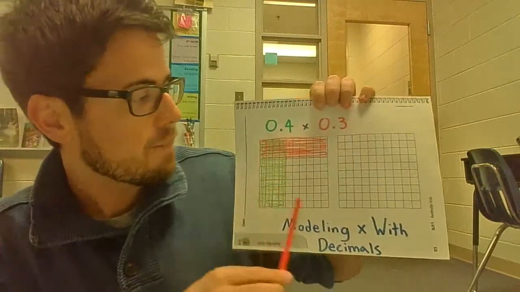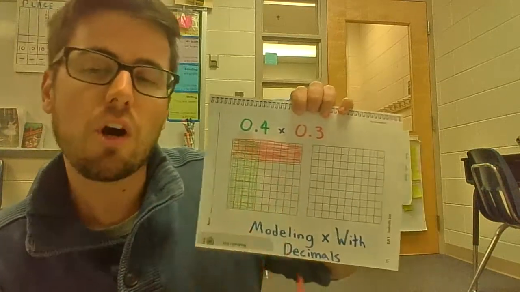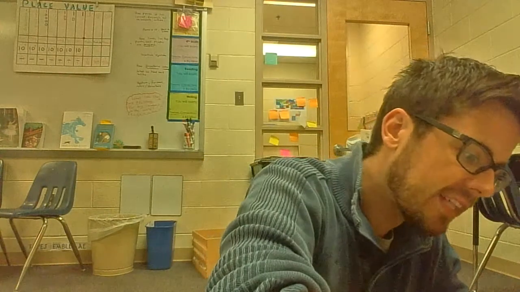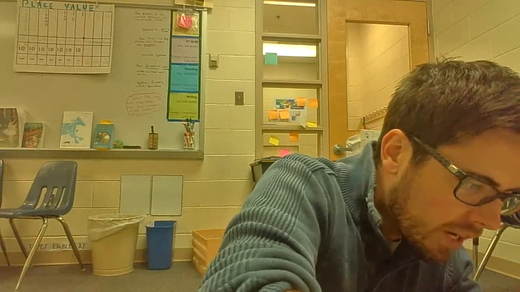Now, if you take a look at my model, there is a place where both of my groups are overlapping. I'm going to box in that area, and you can see exactly what we're talking about. I'll even color those in really dark, just to show you which squares are overlapping.